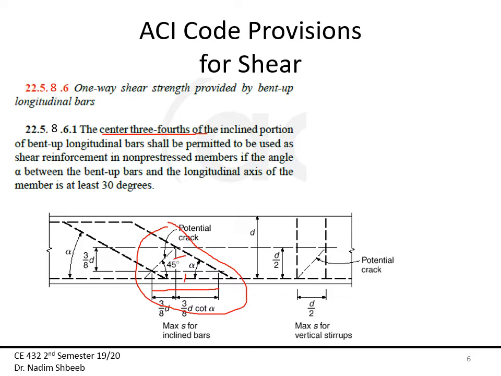Now if alpha is 45 degrees, then this will become 1, then the maximum spacing would be 6/8, which is 3/4 d. In this portion right here, it's just telling me that the maximum spacing should not be more than d over 2, and I will get to that in the coming slides with more details.